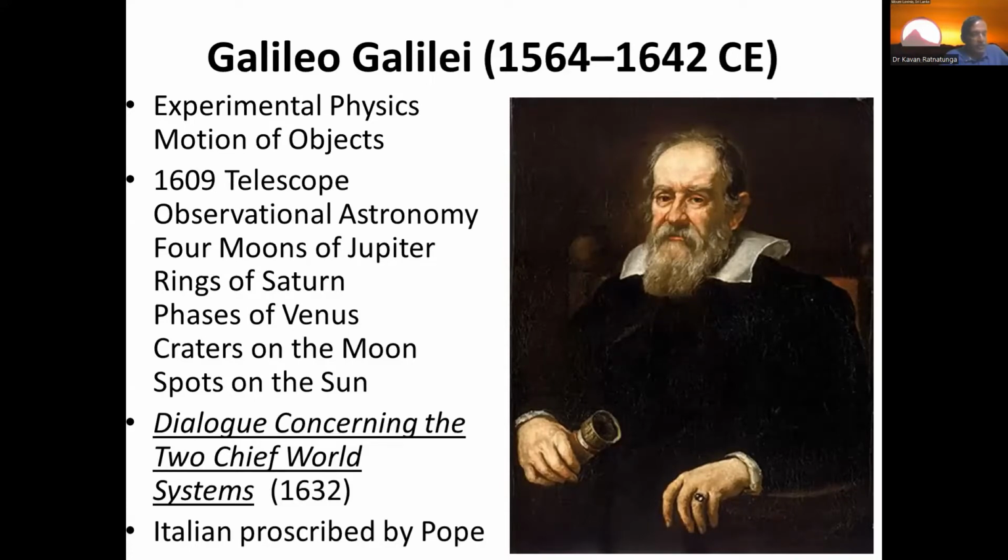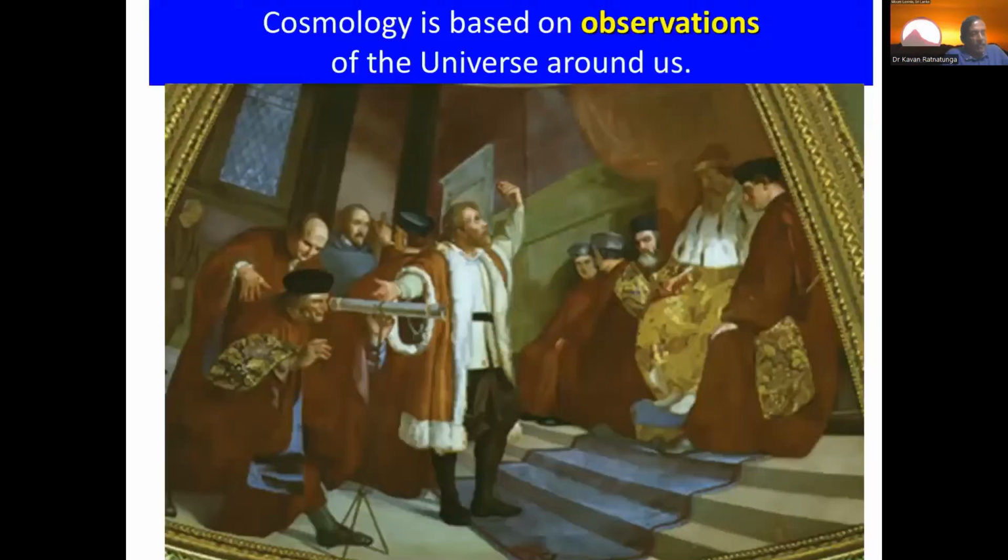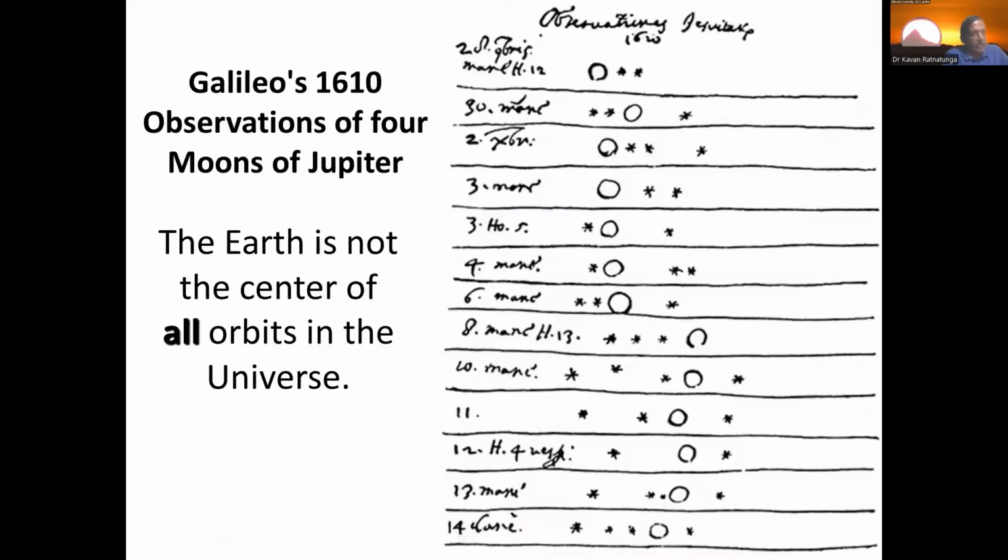Some of the things he observed were the moons of Jupiter going around Jupiter, and he realized that there were not just things going around us, but things going around other planets as well. That was a big blow to the people who thought that the Earth was the only center of importance.